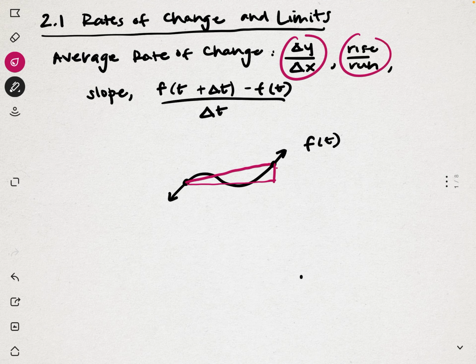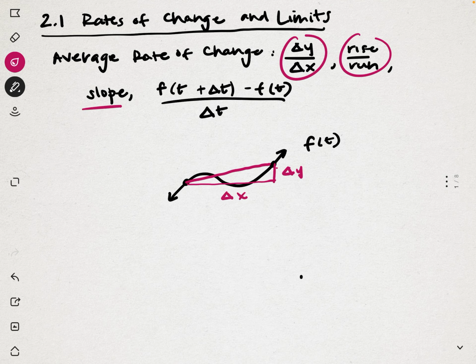All right, so this would be the change in y, the vertical change, and this would represent the change in x. Which again we said is the same thing as slope. That's the slope, quote unquote, that we've been talking about from Algebra 1 forward.